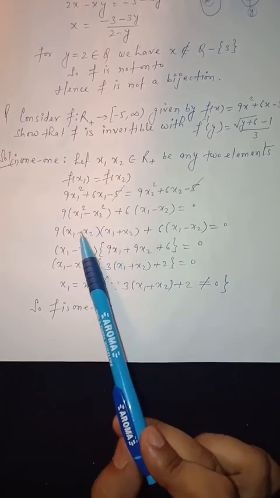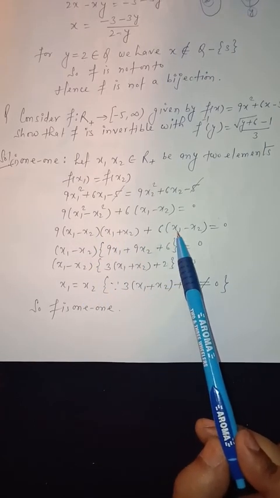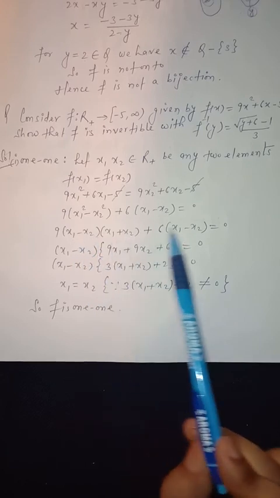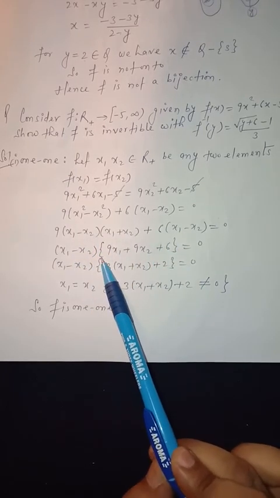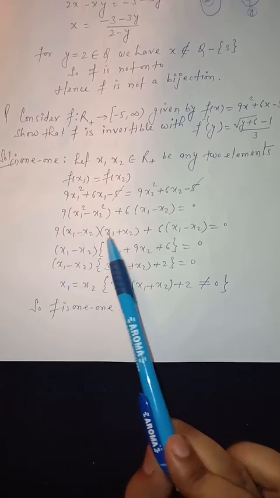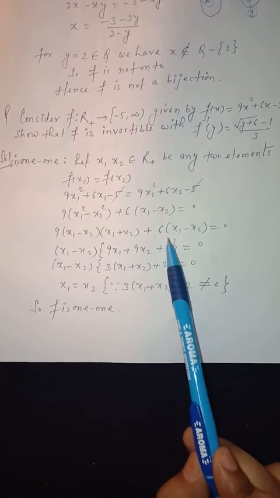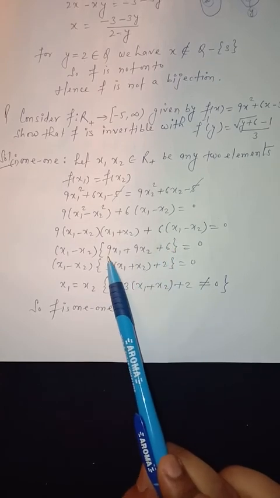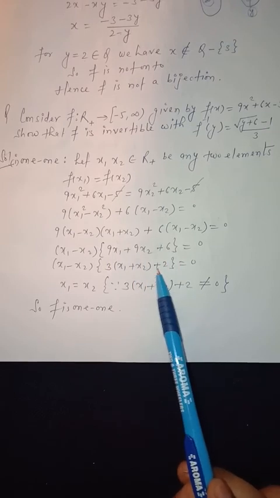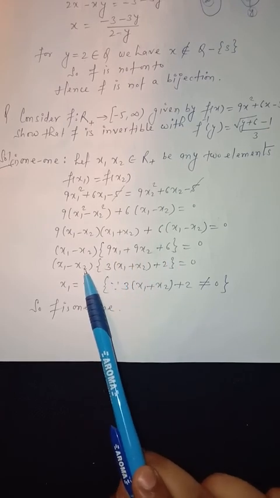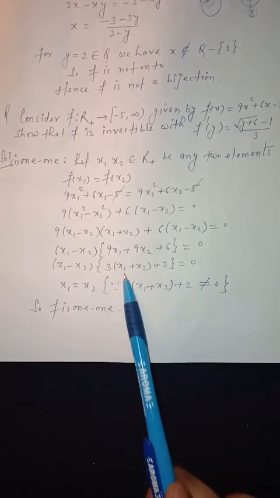Apply a² - b² = (a-b)(a+b). This x1 - x2 is common, take it out, apply a bracket. This will be 9(x1 + x2) + 6, so it will be 9x1 + 9x2 + 6. Take 3 also common, so you will get 3(3x1 + 3x2 + 2). Now when the product of two numbers is 0, either the first is 0 or the second is 0.